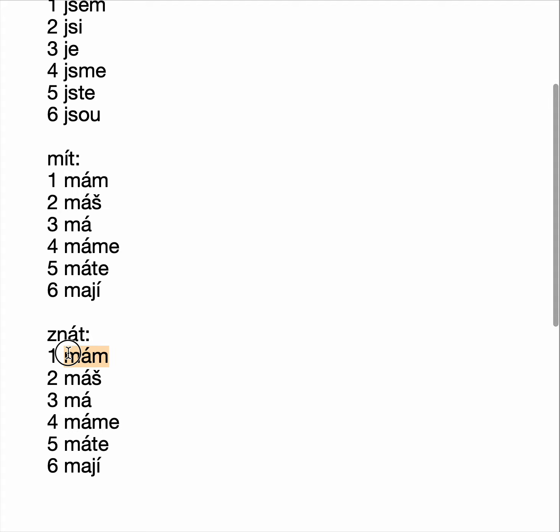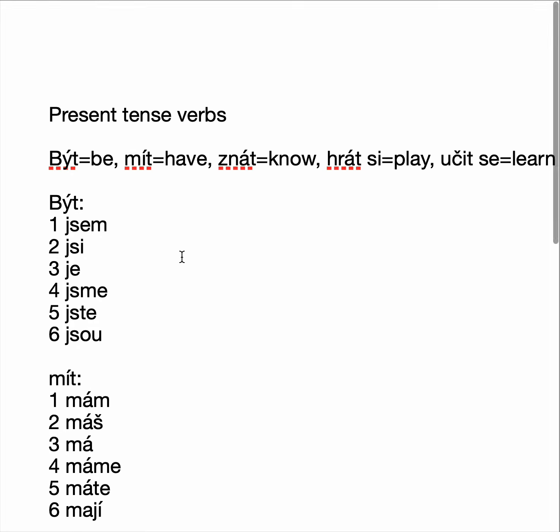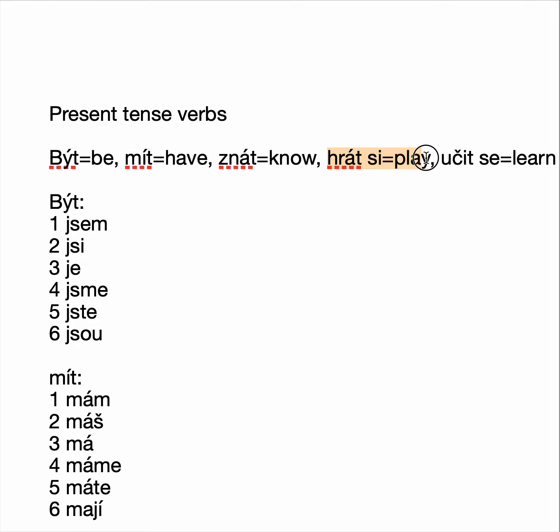Znát is: I is znám, you is znáš, he, she, it is zná, then známe, znáte, znají. So we already might spot some pattern about the endings.